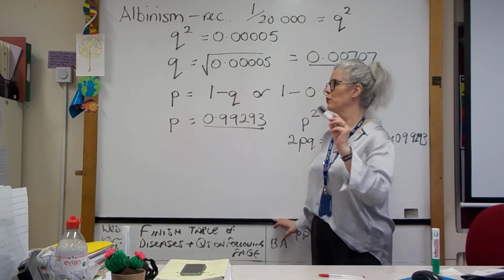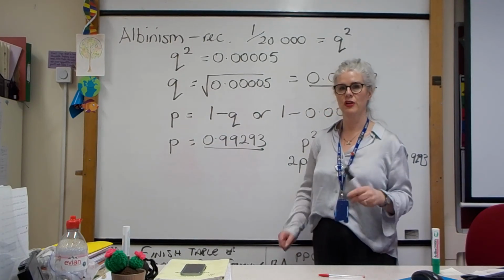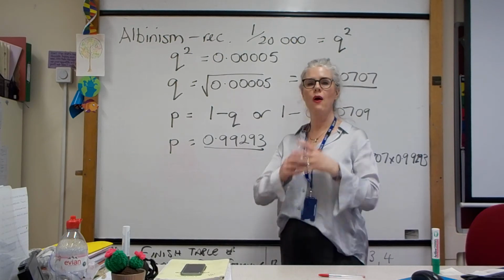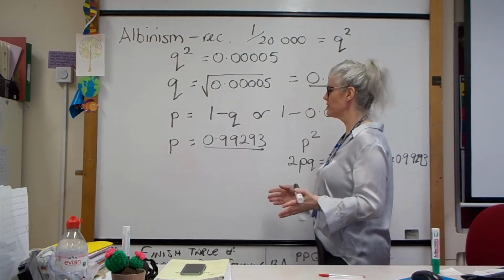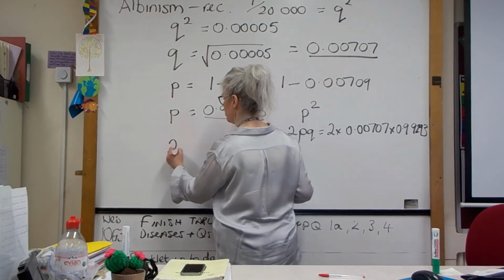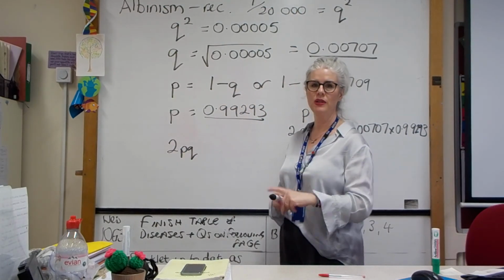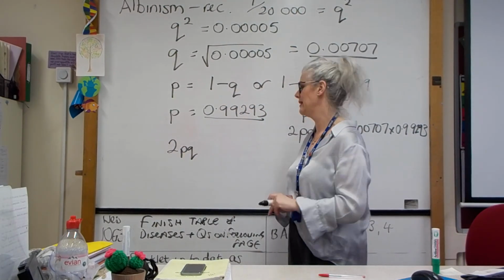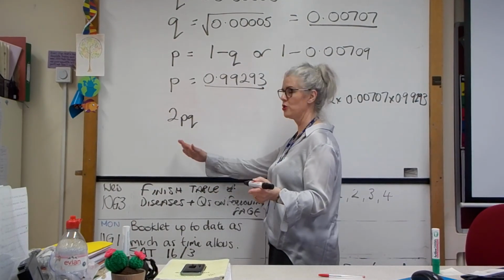So you can see what you're trying to work out. The tricky bit with Hardy-Weinberg is working out what the question has given you. If it said how many are heterozygous, you would need to work out the frequency of 2pq. There's an example in the book that talks about plants, and it asks how many of those plants are 2pq.